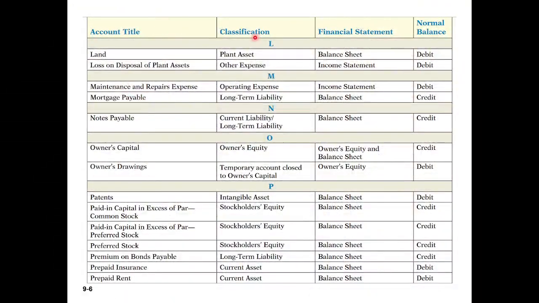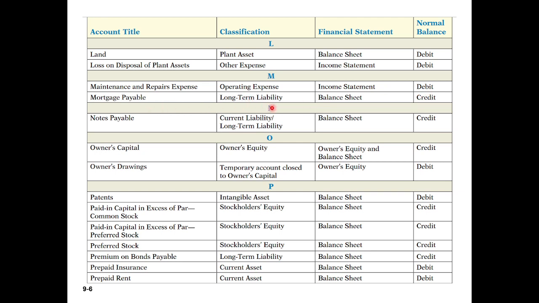Now account title, classification, financial statement, normal balance. Land is a plant asset, a balance sheet item, with a debit balance. Loss on disposal of plant asset is other expense, an income statement item, with a normal debit balance. Maintenance and repairs expense is an operating expense, an income statement item, with a debit balance.